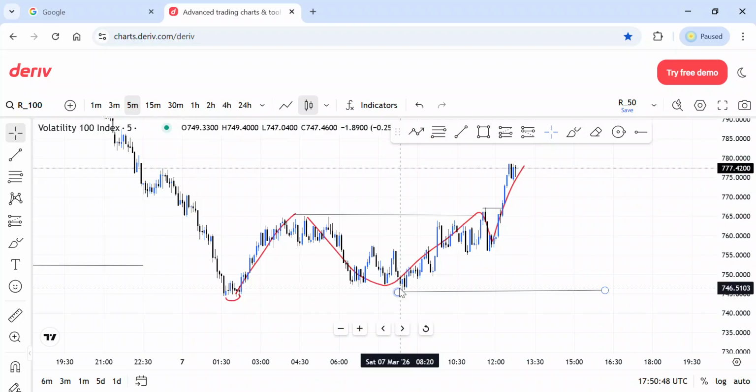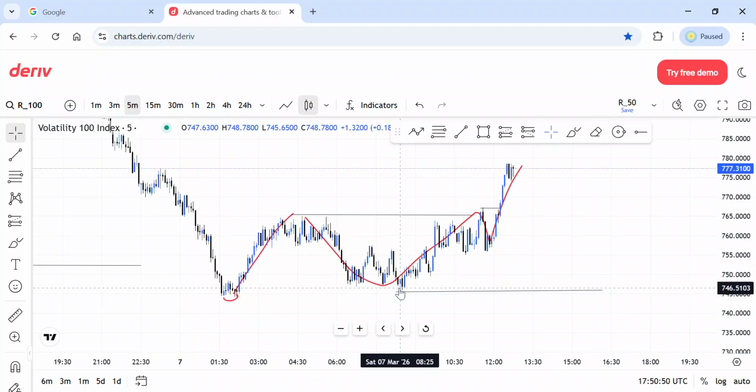You can call it any name. Don't let the name deceive you. You can say it's a swing high, a swing low, a major high, a major low, a higher high or a higher low. Don't let the name disturb your brain. Just understand how this thing works.